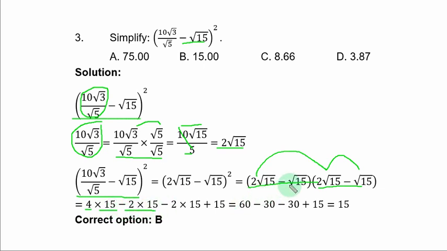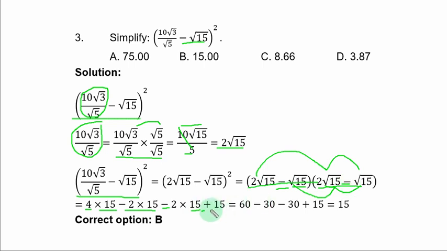Then you use the second term to multiply first term and second term. That is, you have minus first, 2 times 1 there is 2, root 15, this root 15 times root 15, you have 15. Then the second term against second term, minus times minus is plus.